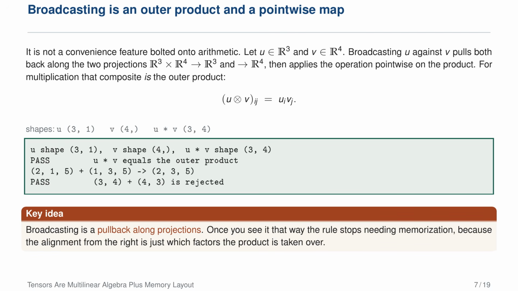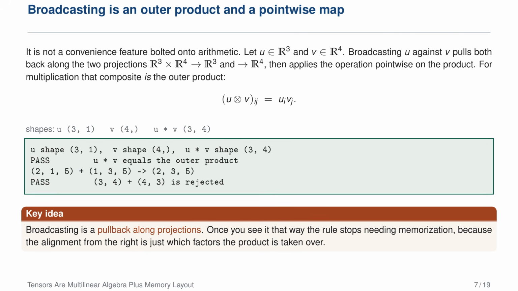Take U in 3-dimensional space and V in 4-dimensional space. Broadcasting U against V pulls both of them back along the two projections out of the product space, and then applies the operation pointwise on that product. For multiplication, that composite is literally the outer product, with components U sub i times V sub j. The verification confirms all three parts.